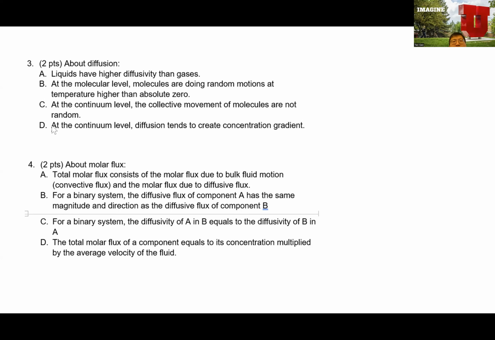And at the continuum level, diffusion tends to create concentration gradient. That's the opposite. Diffusion tends to smooth concentration gradient, because we talked about this: concentration gradient is the driving force for molecular diffusion. As diffusion happens, it smooths out the concentration gradient.